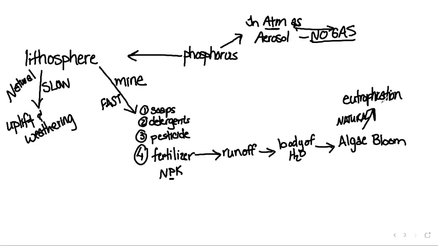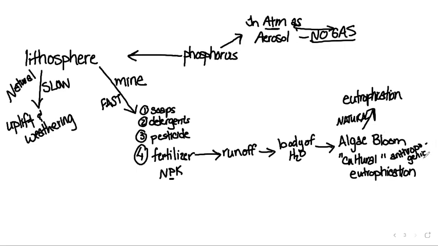There's nothing that prevents other organisms from surviving there. But when humans get involved, this algae bloom gets on steroids, and we get what's called cultural eutrophication. We call it cultural eutrophication because it is human caused. You may also see it called anthropogenic eutrophication.